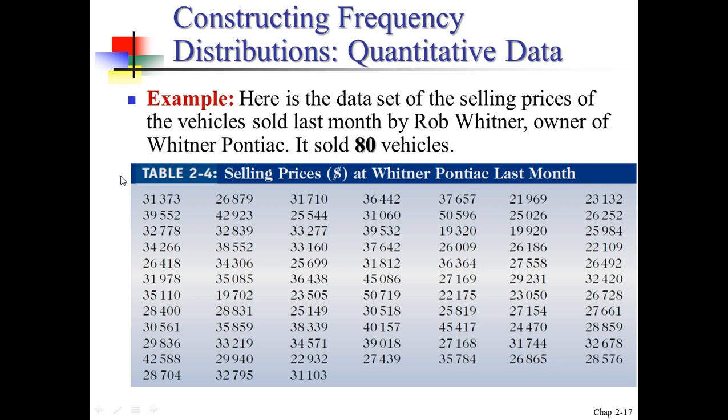I'm just saying this is the first car sold last month. The price was 31,373. The second car, 39,552, or this is the second car. It depends on which direction you count. But this is the first car.